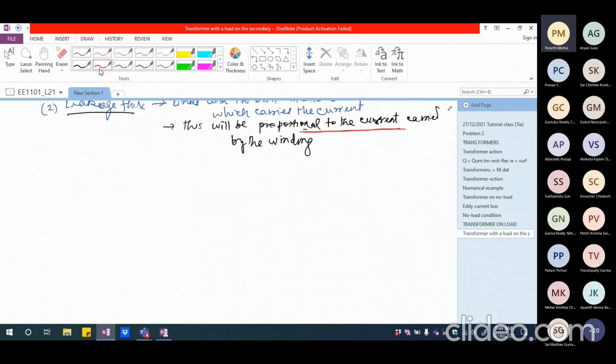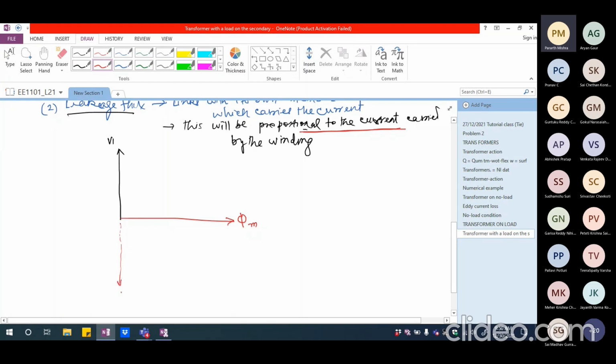So if I try to draw the phasor diagram corresponding to this, I should say this is V1 and I'm going to have a flux which is common to both primary and secondary. So let me show E1 and E2 on this side.